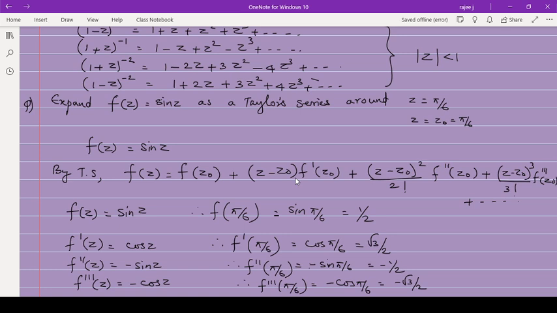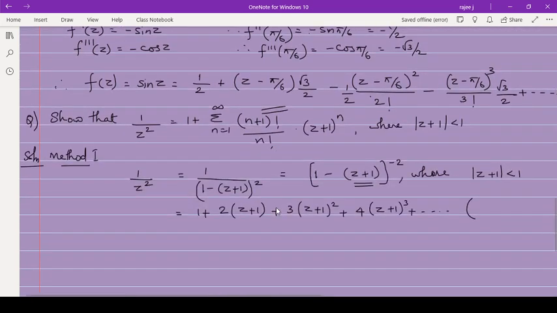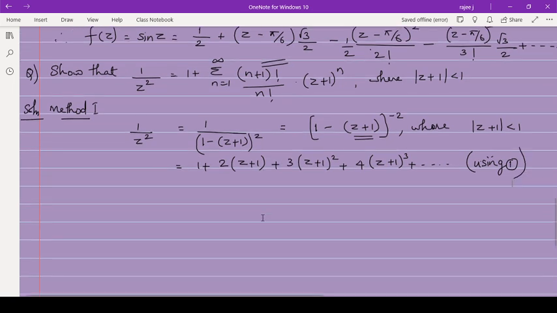I am giving this as equation number 1 for your reference only. So using equation number 1, that is not an equation, it is power series expansion. Using that property we use this one.